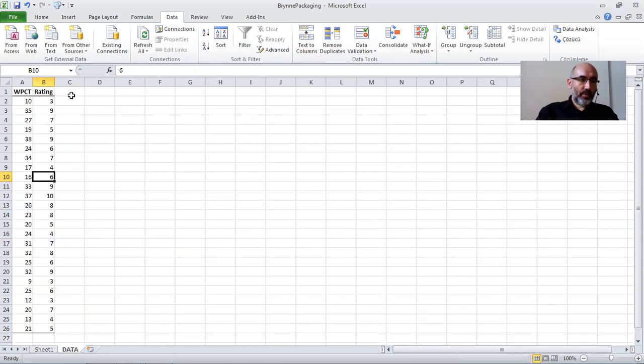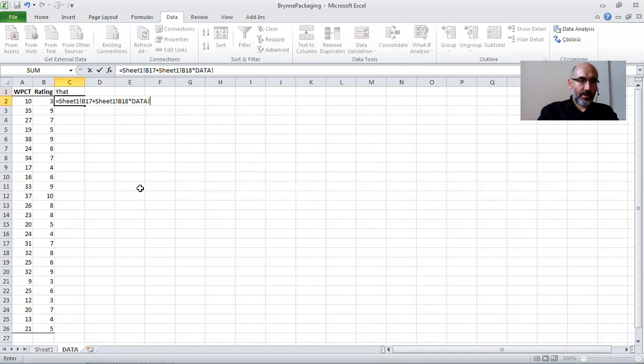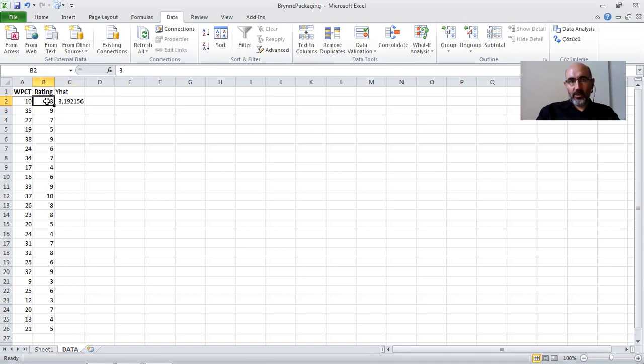I could also do the predicted values, so I could do all the predictions here as well. So intercept plus the slope times WPCT, and that would be the predicted value, and then the actual observed value.